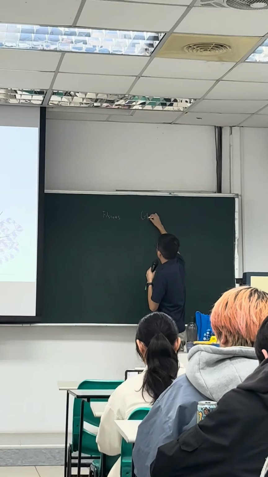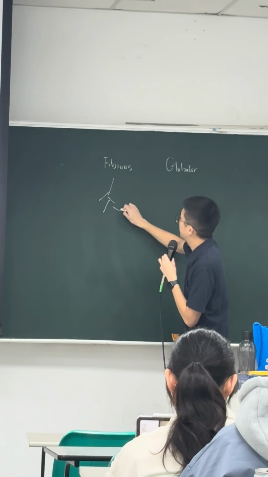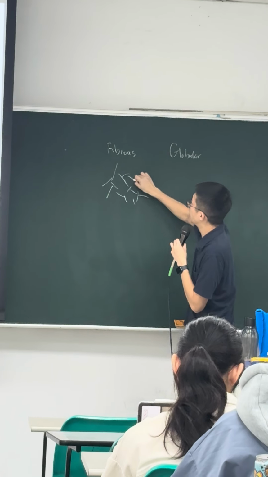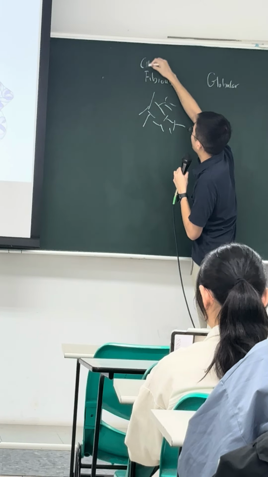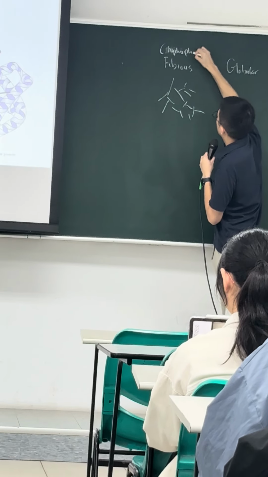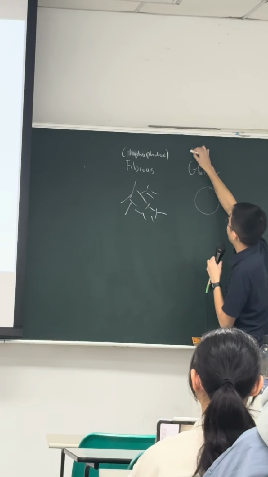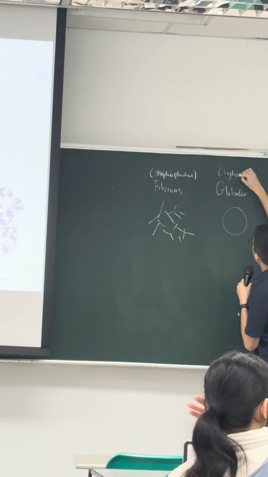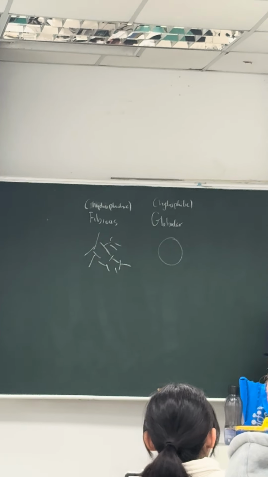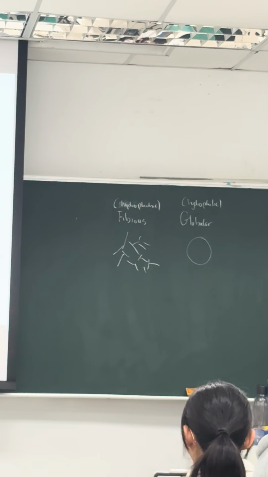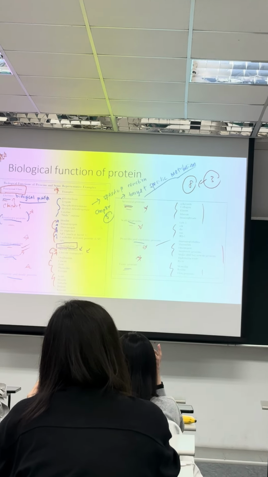Fibrous means it has a lot of roots, so this is hydrophobic. Globular means it's round, therefore it is hydrophilic.